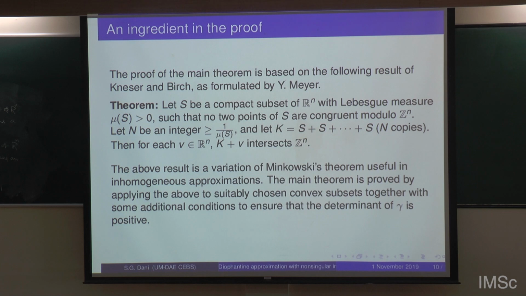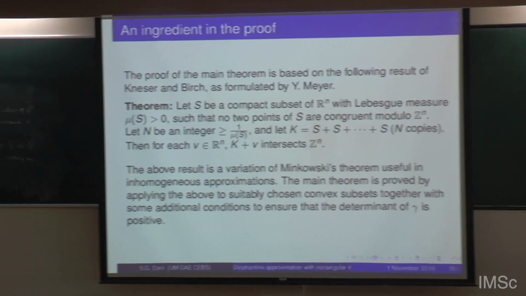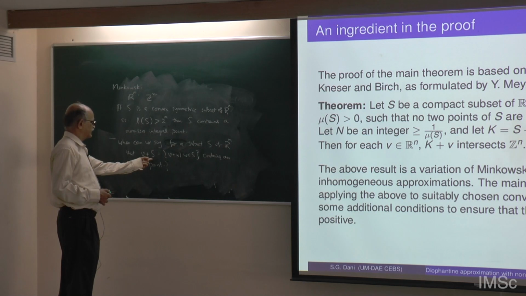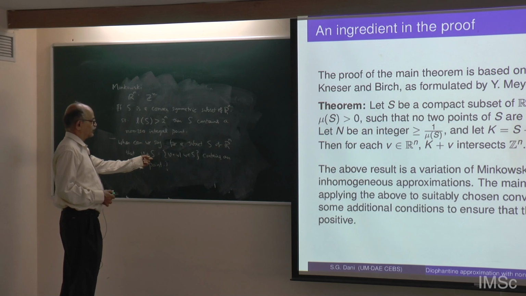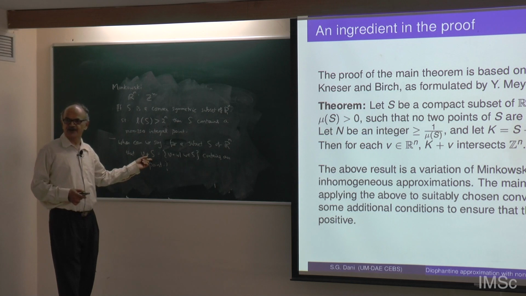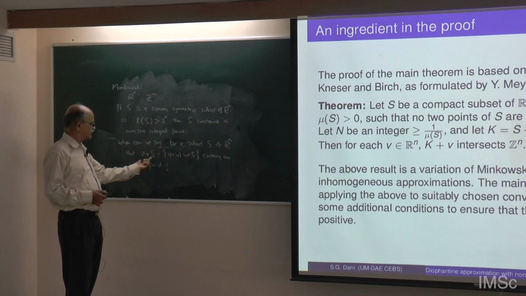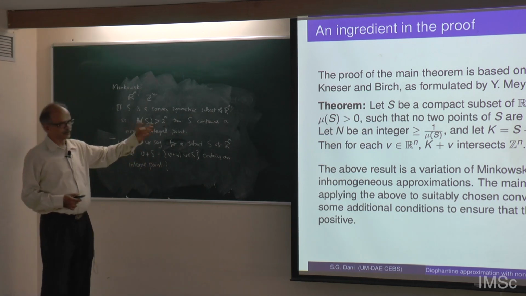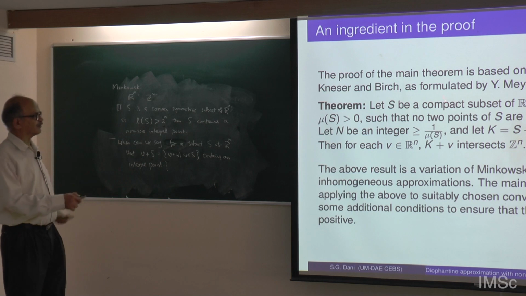So for instance, in this context, let me just tell you that if you take a convex subset S, then if the measure is 2^n, here it is 2^n, but for this it suffices to have 2^(n-1). If you take a convex subset of measure 2^(n-1), you can have sets of this form constructed in this way.